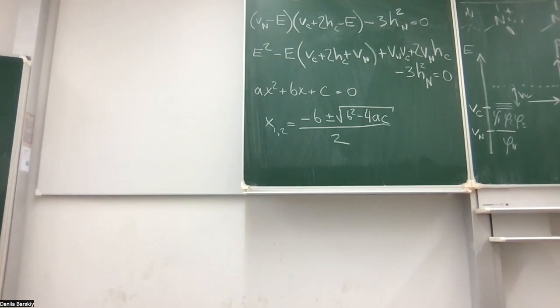What is A in our case? Just one, good. B in our case is minus this, minus. So if I have PC, let's see. And C is once again... can we do something with C?